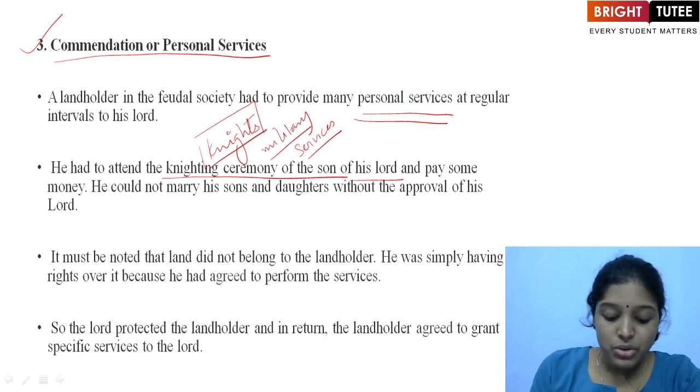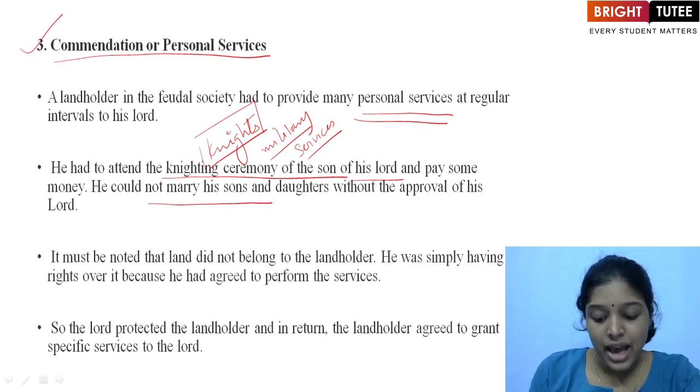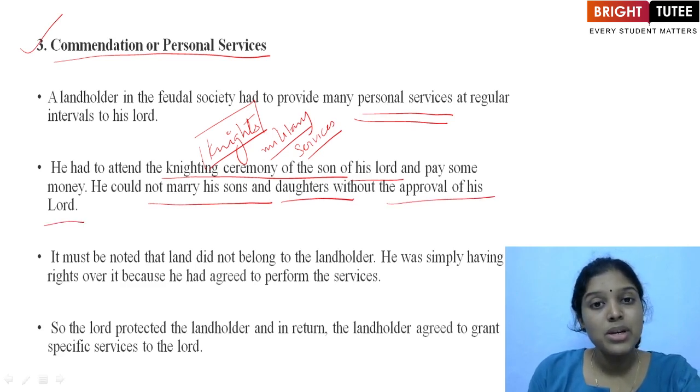And the tenant could not marry his sons and daughters without the approval of his lord. So this is how it becomes personal. The lord has the right to decide whom the tenant's kids should get married to. So the lord had to permit or give permission so that they could marry the people of their choice.